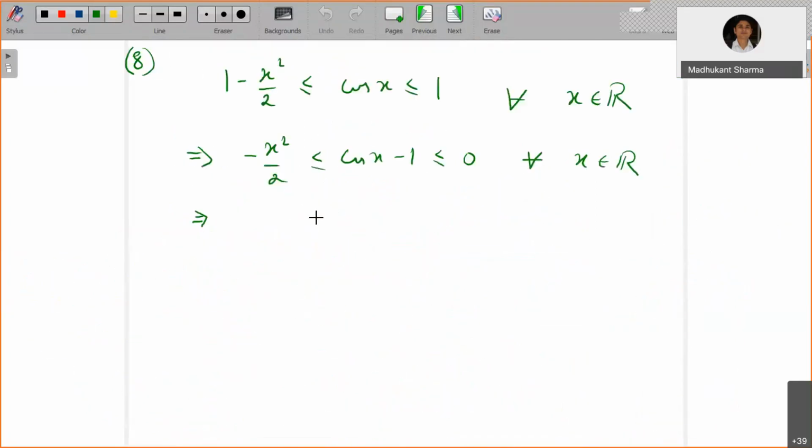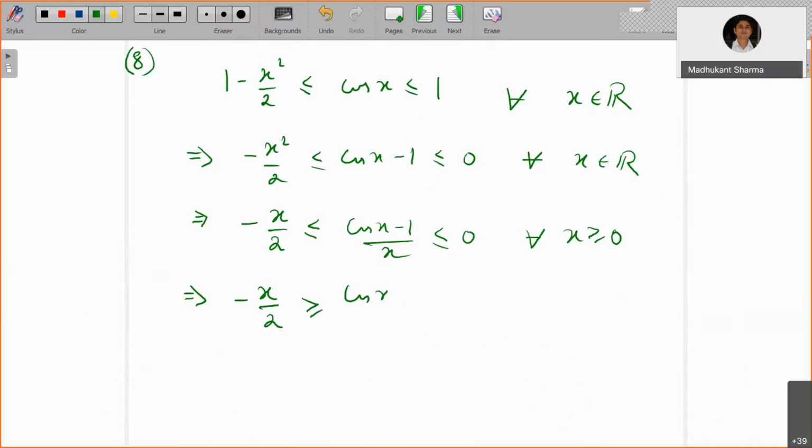So minus x by 2 is less than or equal to cos x minus 1 by x, less than or equal to 0, for every x greater than or equal to 0. And minus x by 2 is greater than or equal to cos x minus 1 by x, greater than or equal to 0, for every x less than or equal to 0.